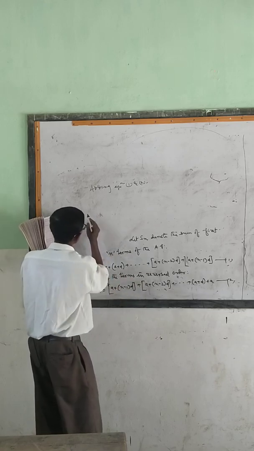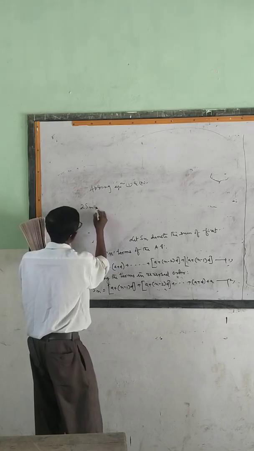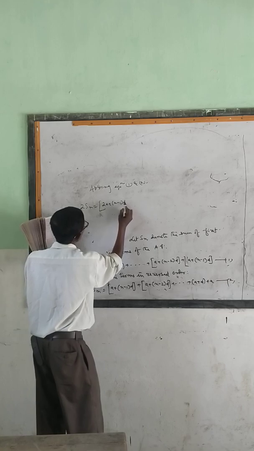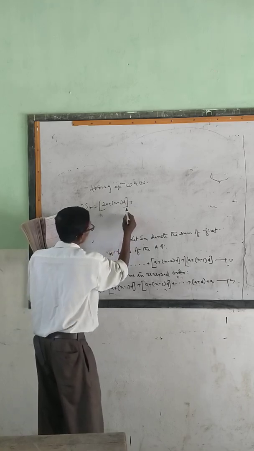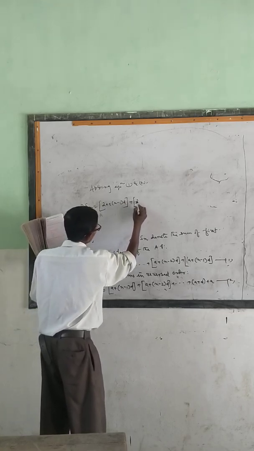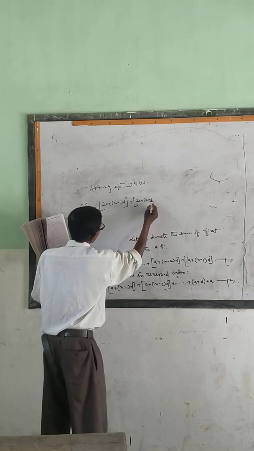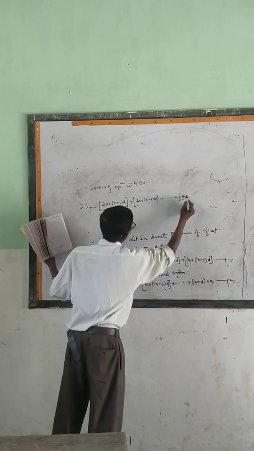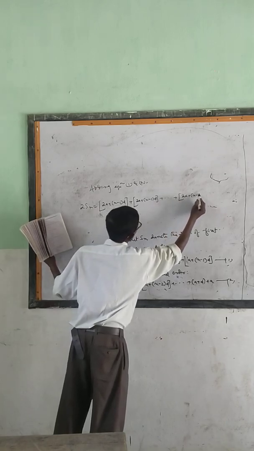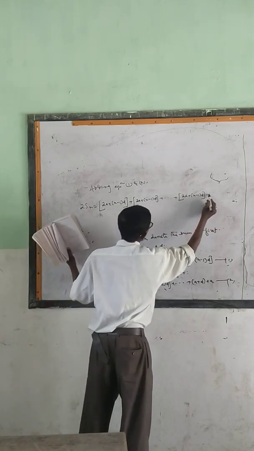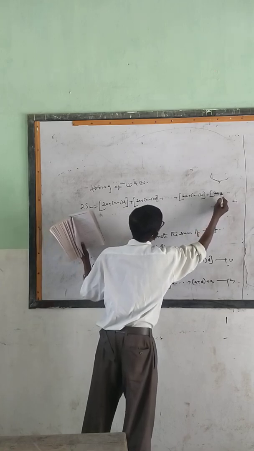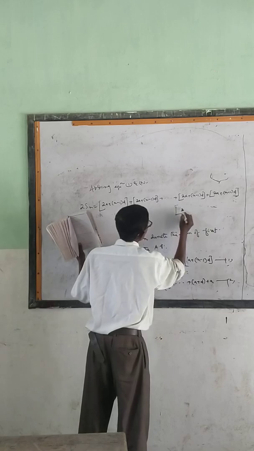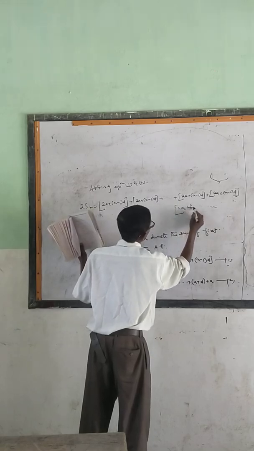So twice Sn will get twice a plus (n - 1)d, and this same term appears n times.